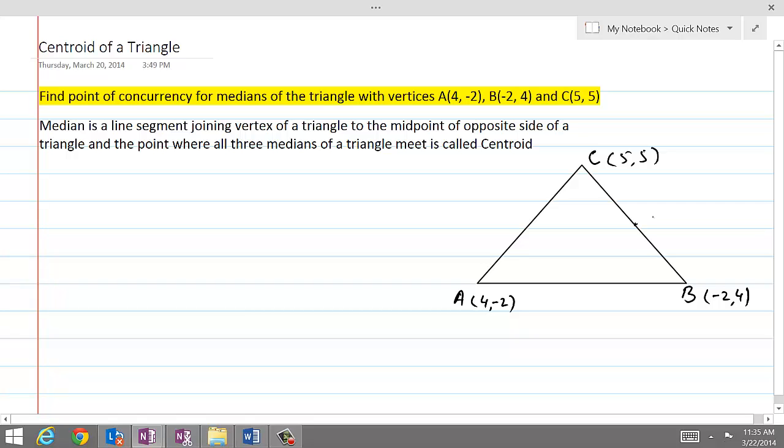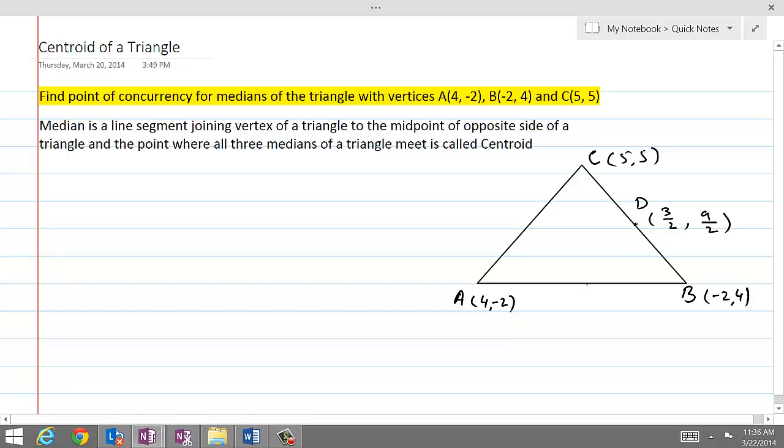As we have learned in the previous lesson, midpoints can be found by x1 plus x2 divided by 2 and y1 plus y2 divided by 2, because the ratio for the midpoint is 1, 1, so k1 and k2 can be taken as 1, 1. Then 5 minus 2 will be 3 over 2, so this is 3 over 2, and 5 plus 4 over 2 would be 9 over 2, and let's name this point D.